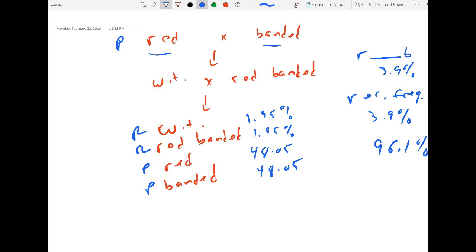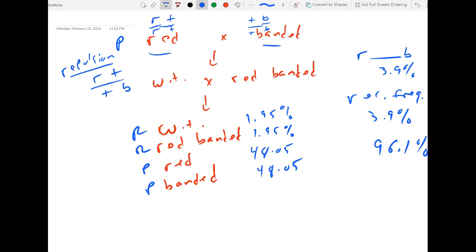Because the genotype of these guys is red, but they're wild type for the other gene. These guys are banded, but they're wild type for the other gene. So these guys are heterozygous like this, and these are in repulsion. In the previous example, they were coupled.